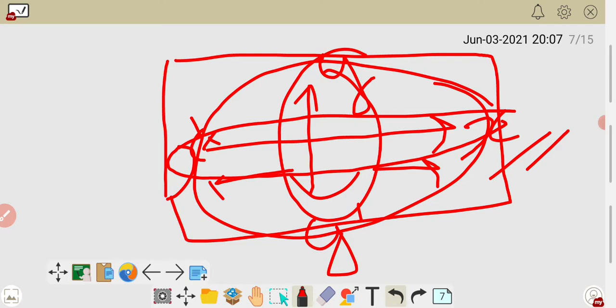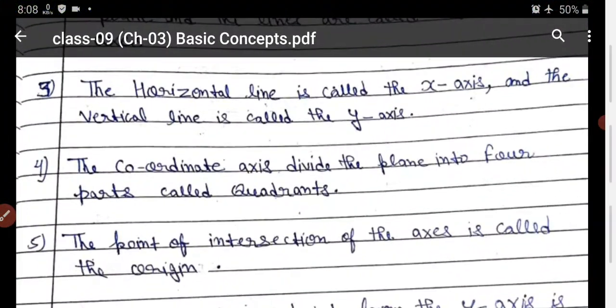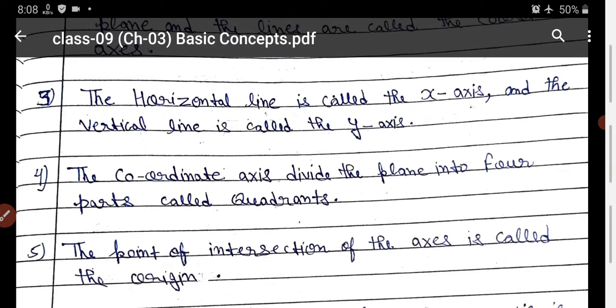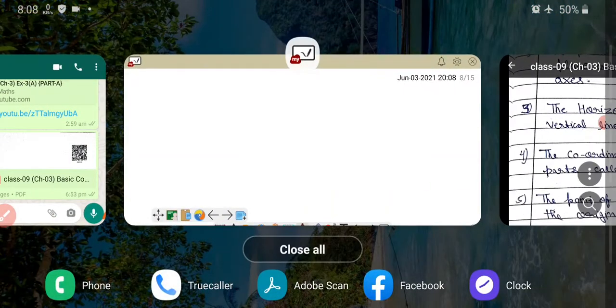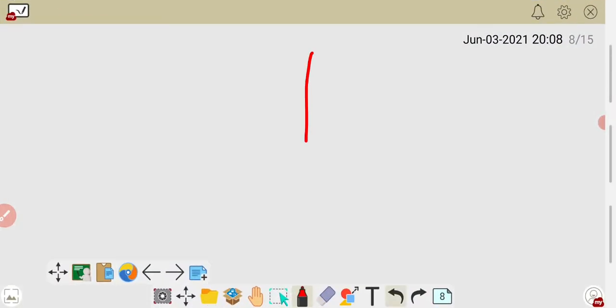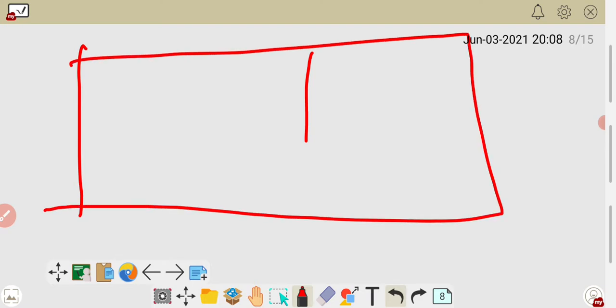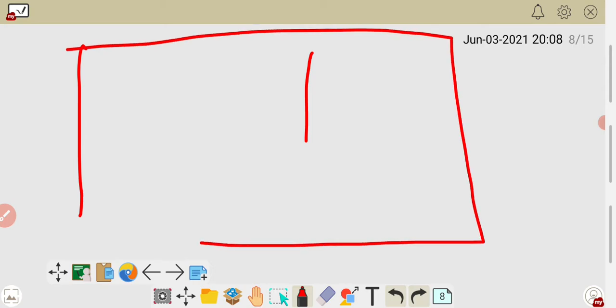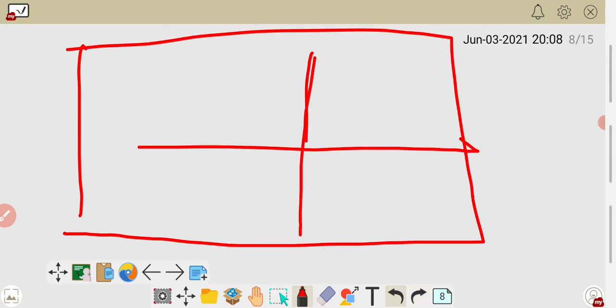Now come to the next point. The coordinate axes divide the plane into four parts called quadrants. This is an important point. You have two lines, the x-axis and the y-axis, and together we call them the coordinate axes.